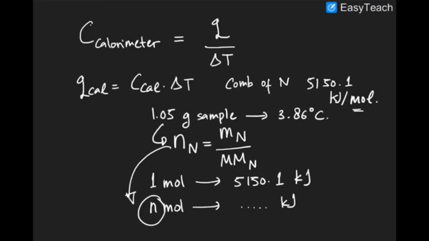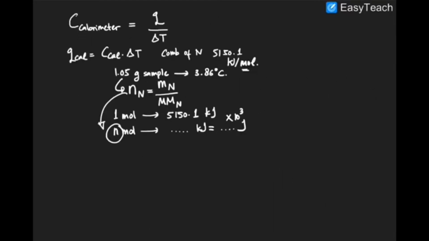And don't forget to convert this into joule by multiplying with 1000. Now that you have obtained the amount of energy, which is the heat, you can calculate the C of calorimeter, which is the amount of energy divided by the change in temperature, which is 3.86 degrees Celsius. So this is the calibration part.